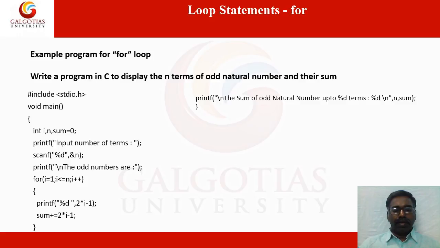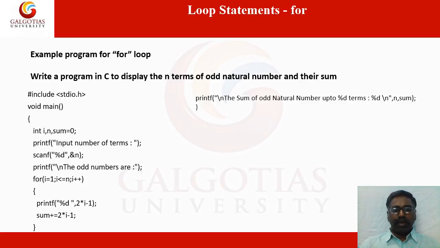Here there is a small formula, 2 into i minus 1, which gives only the odd numbers. Then sum is equal to sum plus 2 into i minus 1, so the same number is added to the sum.